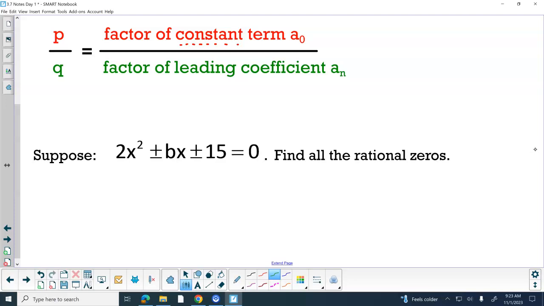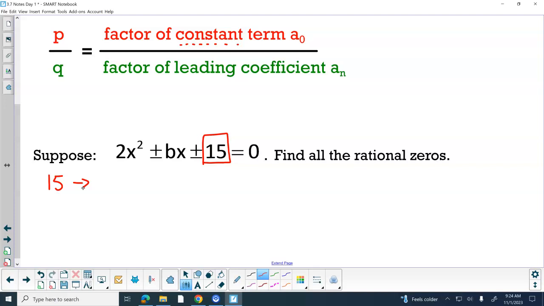So the first thing you have to do is list all of the factors of that constant number. What are the factors of 15? What numbers evenly divide into 15? 1 and 15. 3 and 5.